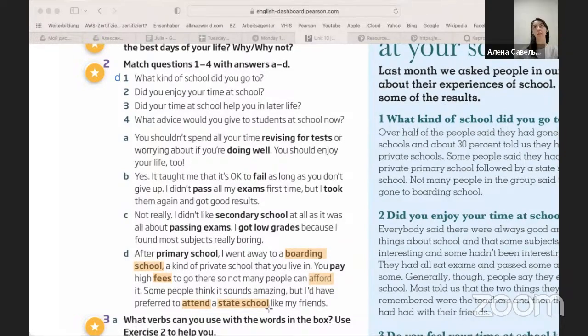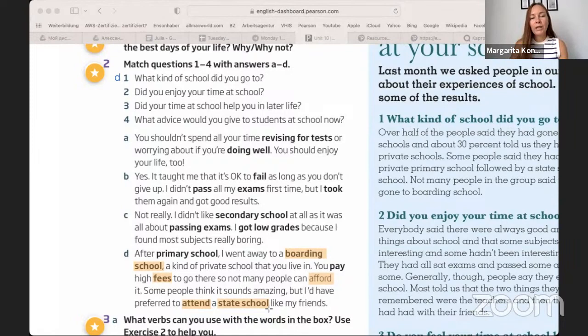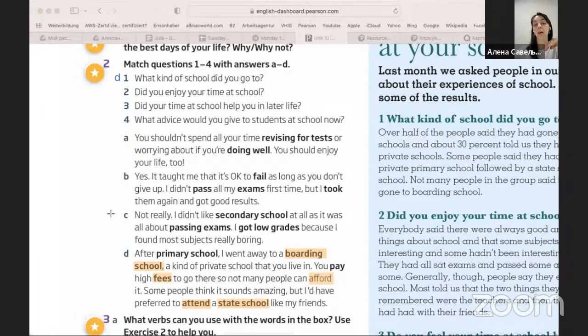Okay. In Kaliningrad, I know in the city we've got one boarding school. It's very, very popular. It's difficult to get in, but it's not a private school. It's a state school, but also a boarding school, right? Yes. In Tver, it's also a state school. It's not private.